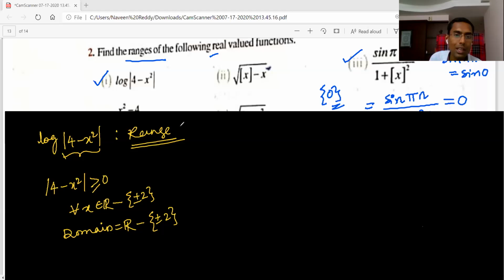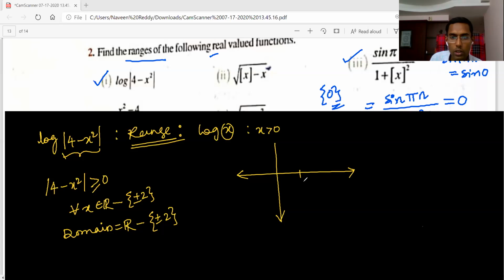So then what is the range? When log x is given, what is its range? x is greater than 0. I already discussed this one. If you take x value 1, it is 0. If you take x value less than 1, it is going to be negative.